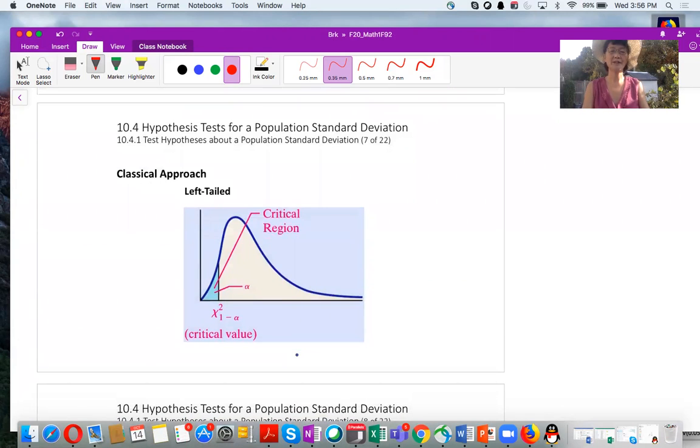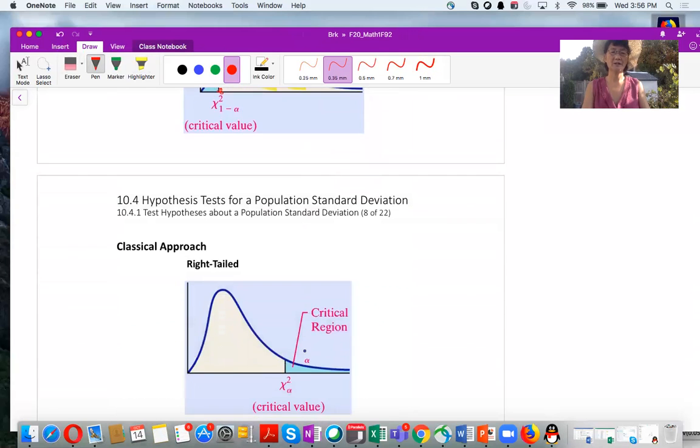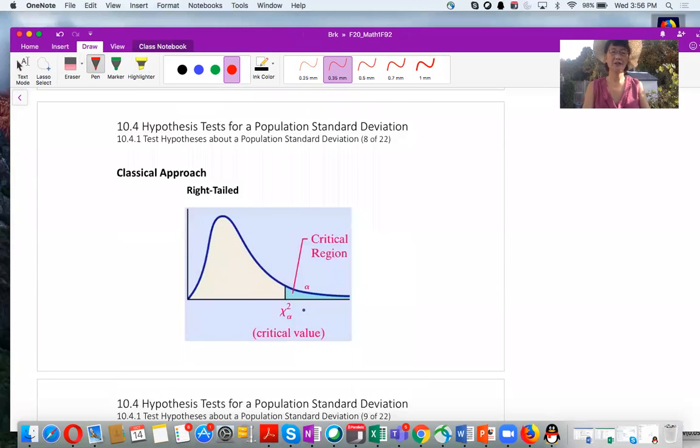If you have just a left-tail test, you just have one critical value. This area is alpha, and the area here is 1 minus alpha. So if you have a right-tailed test, the critical value is chi-square with subscript alpha.